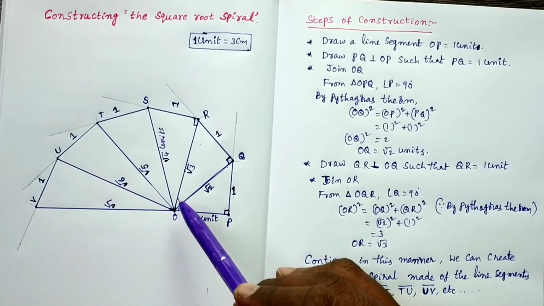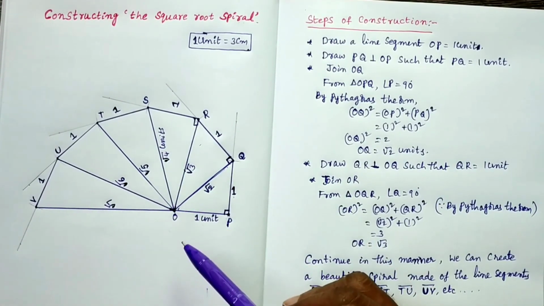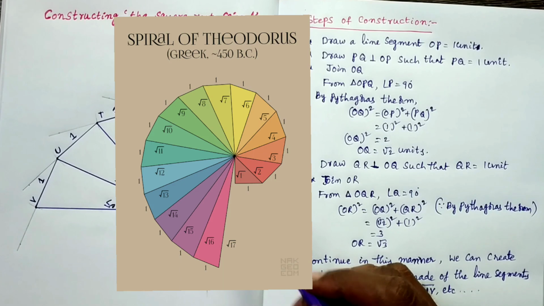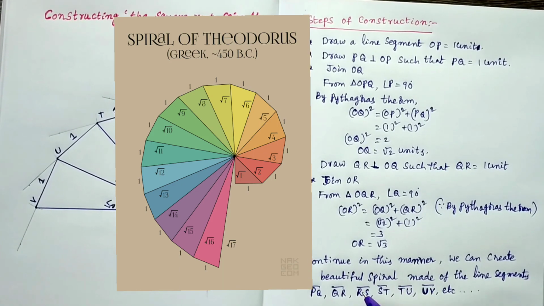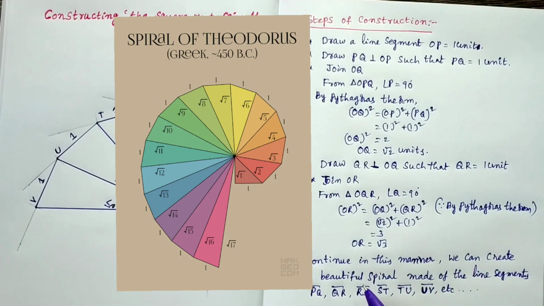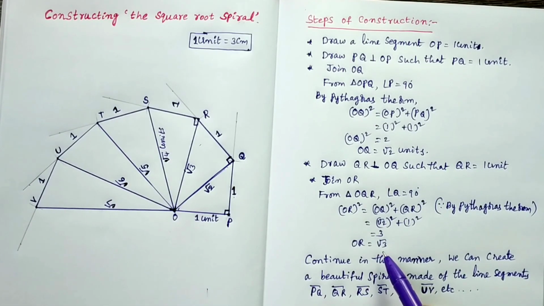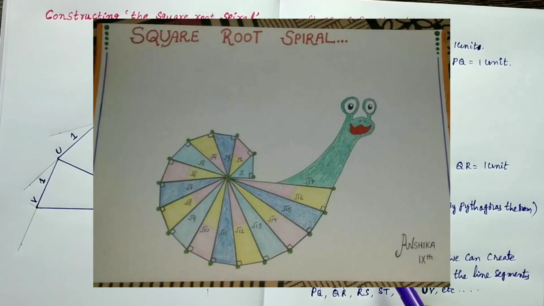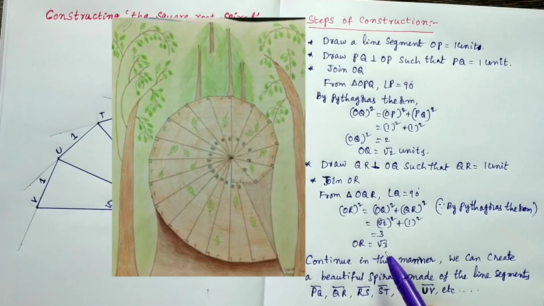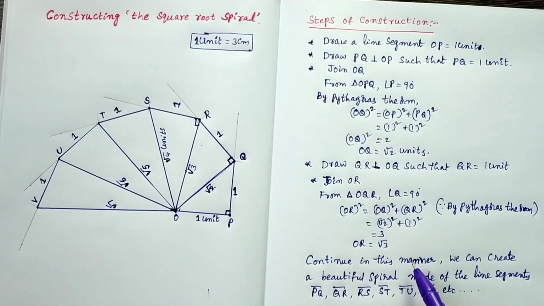Here we can continue up to square root of 17. That type of spiral is called the spiral of Theodorus. We can create beautiful images and drawings by this spiral of Theodorus.